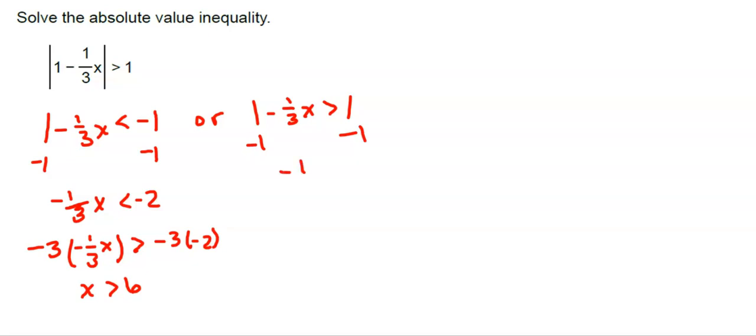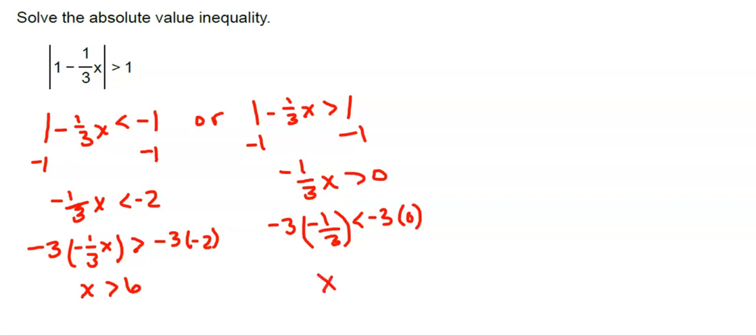So we'll have -1/3 x is greater than 0. Once again, we're going to multiply both sides of the inequality by a -3 to solve for the x. And because we're multiplying by a negative number on both sides, that inequality has got to flip around. And we get x is less than 0.